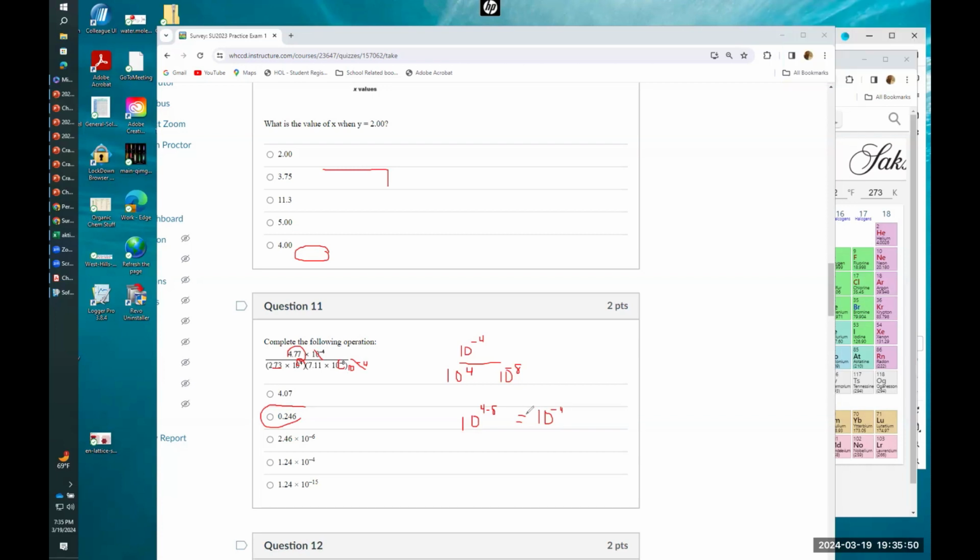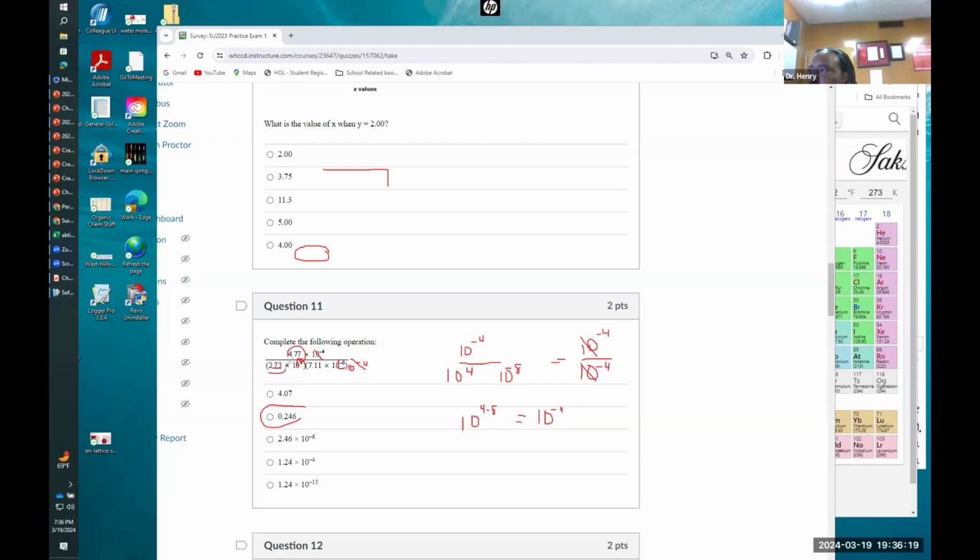Yes. Okay. So that's what we're going to have at the bottom here. I'm just going to substitute, and that's going to be 10 to the minus 4 over 10 to the minus 4. So then that's going to cancel out.